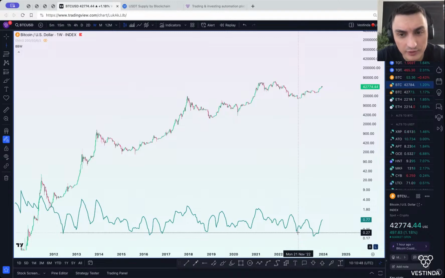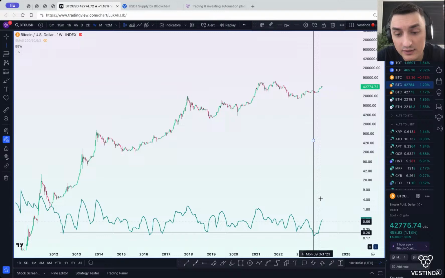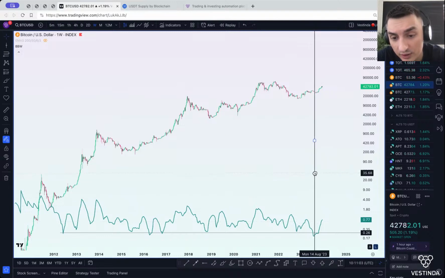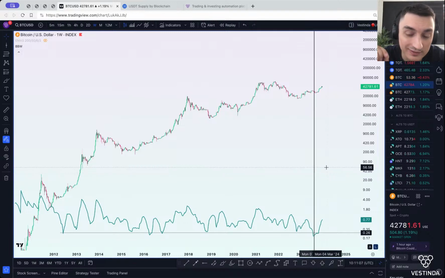And what is interesting is that we approached this level once again and even made a lower low on this indicator, at the end of July, mid-August. We reached the lowest point of the BBW indicator of all time on Bitcoin, and we're not even in a bottom.